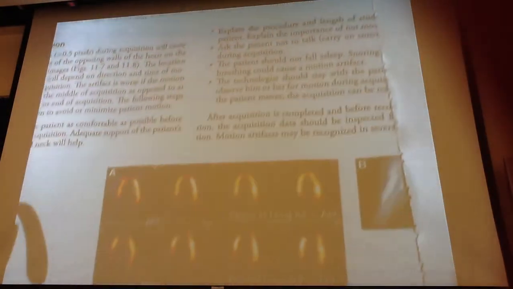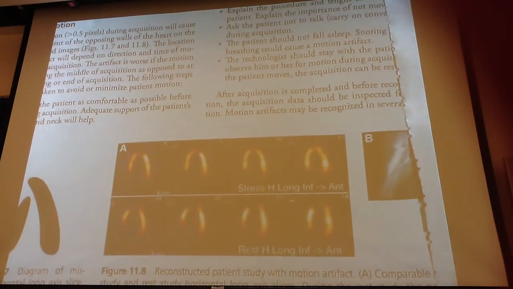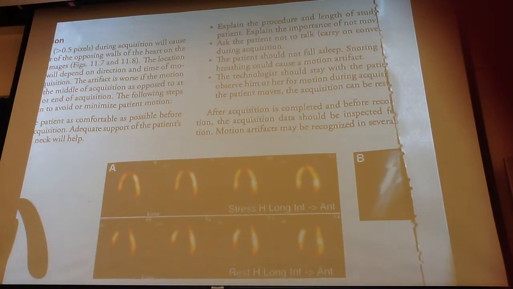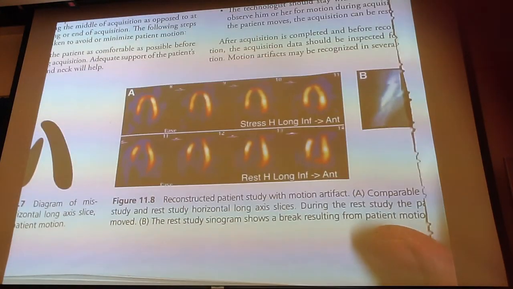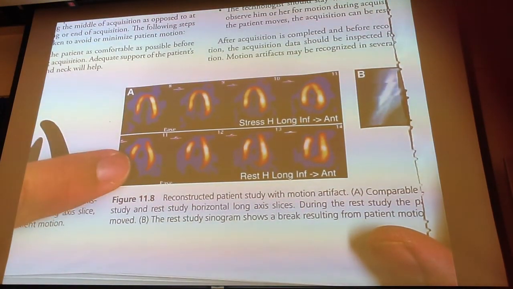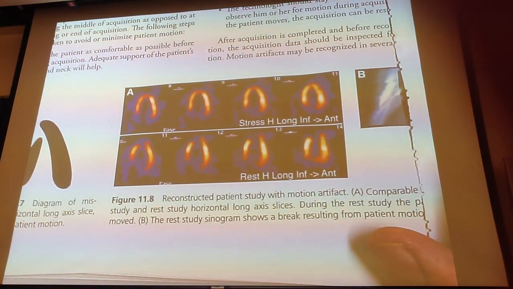Then the other thing that we talked about was motion. Normally, on motion, remember this thing should look like a horseshoe. So here's the stress images, here's the rest images. Which one has the motion? The stress or the rest?